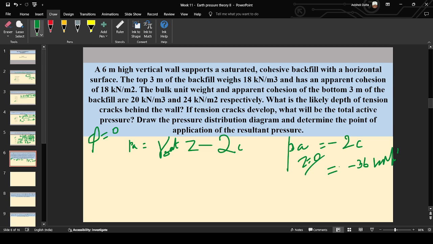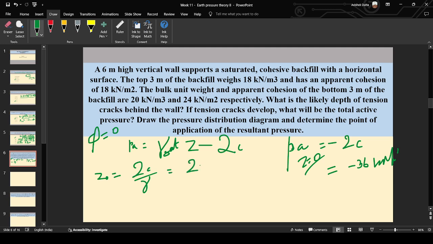Now, assuming that the tension crack is in the top 3 meter layer only, the tension crack depth is Z0 equal to 2C by gamma. The saturated unit weight we'll write over here as 18.